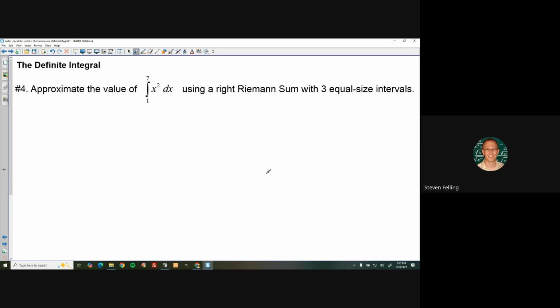All right, so to tie those symbols together as one last example, approximate the value of this definite integral using a right Riemann sum with equal size interval widths. Okay, so if I am taking this function curve, which is x squared, and we're going from 1 to 7, we're going to approximate with 3 equal size widths. I know the width is b minus a over the number of rectangles.